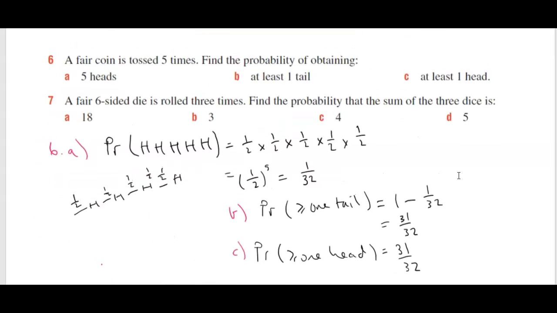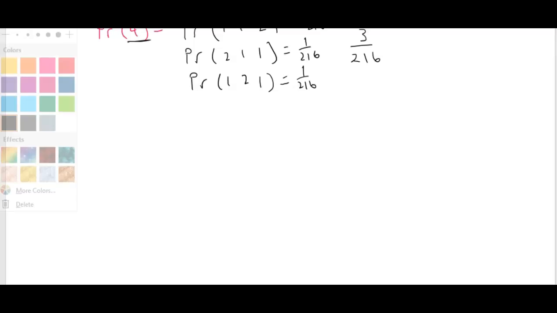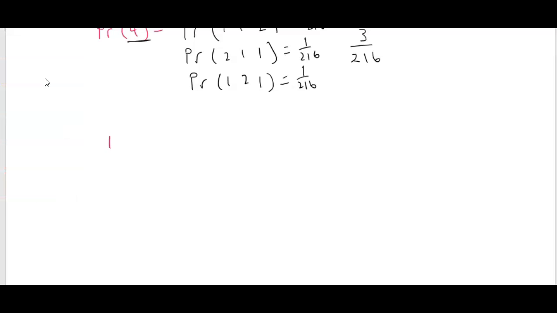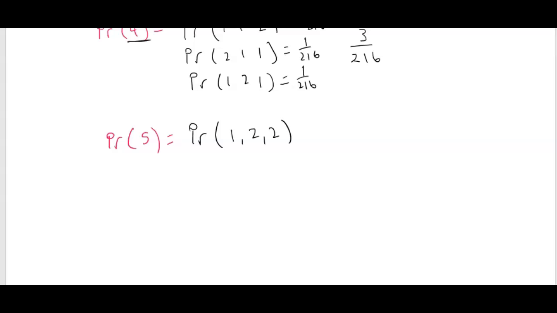All right, and there was one more number, number 5. So the probability of getting a 5. So you can just list your probabilities. We can have a 1, a 2, and a 2. We can have the same as before, well, 1, 2, 1.